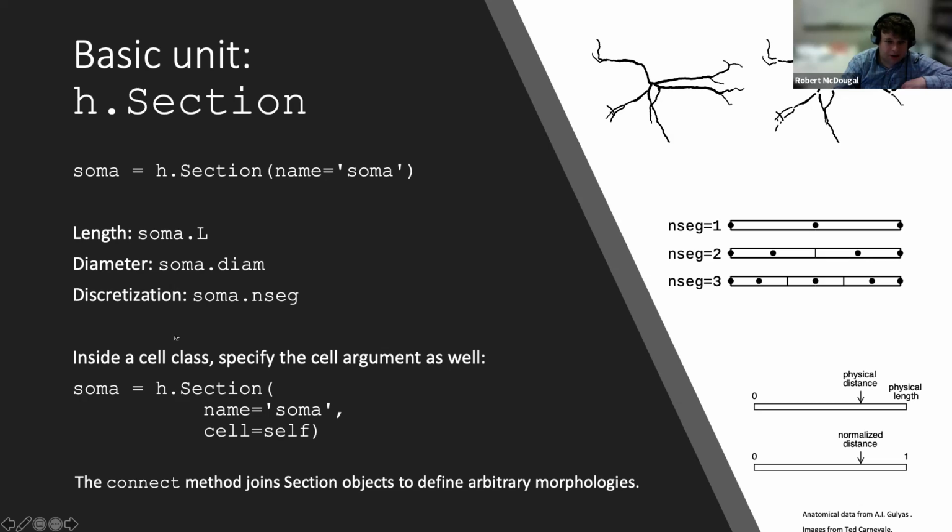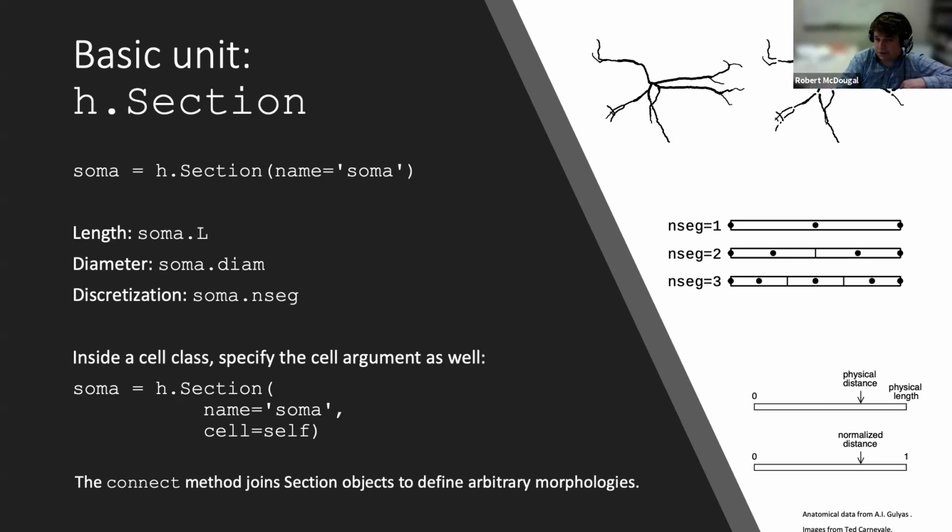So if I want to discretize this, I want to break it into segments, I'll just set the nseg property. So soma.nseg equals 3 would break my section into 3 parts. Soma.nseg equals 5 would break my section into 5 parts.